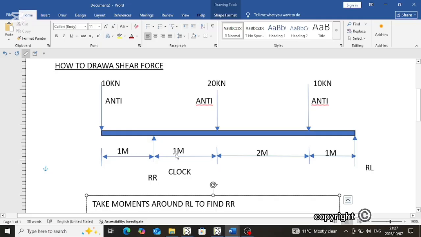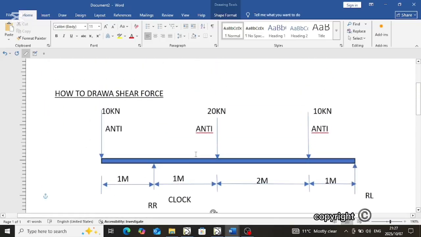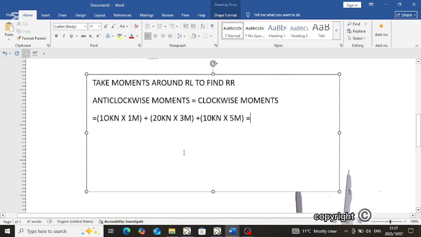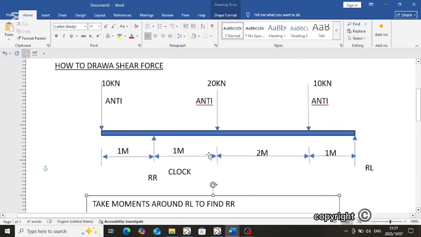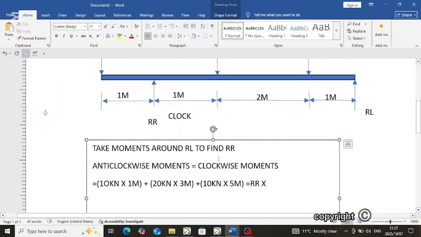Plus 10 kilonewton multiplied by the distance of 3 meters. Equals RR multiplied by 4 meters.